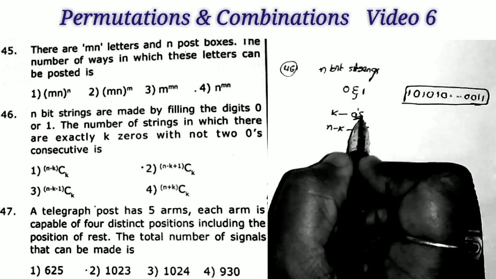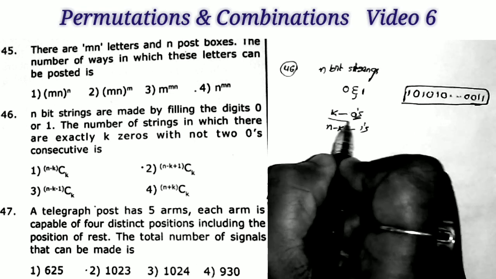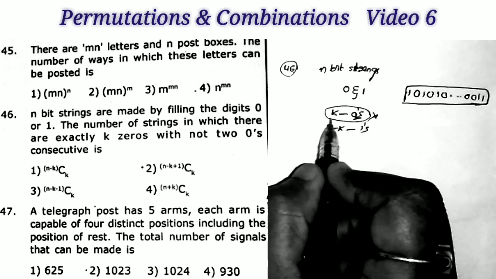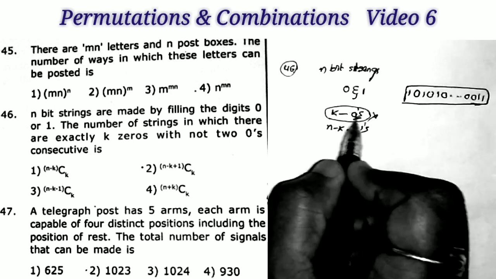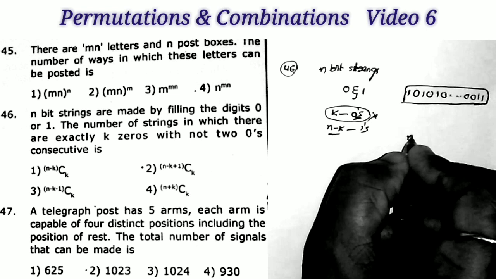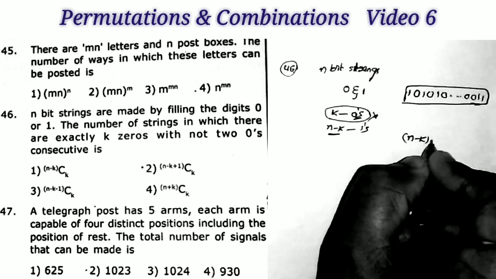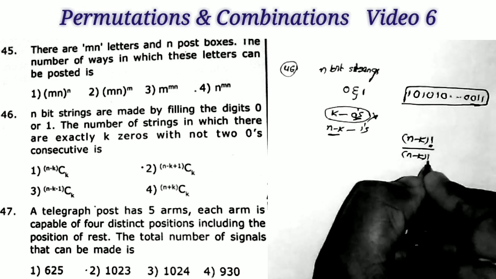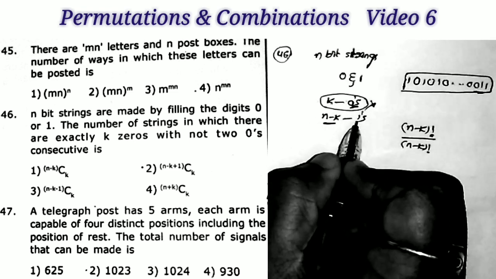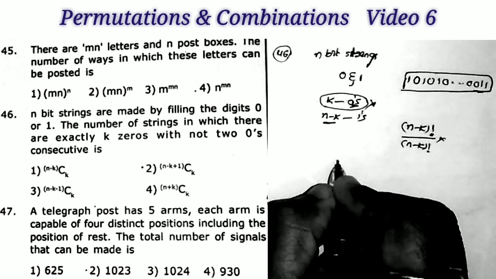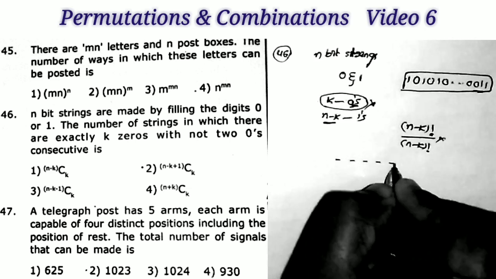With no two zeros consecutive means first we have to arrange the ones only. With no zeros coming together, first of all we have to arrange the n minus k ones in n minus k factorial by n minus k factorial ways. Why? Because all the numbers are the same. Now what are the gaps in between them?